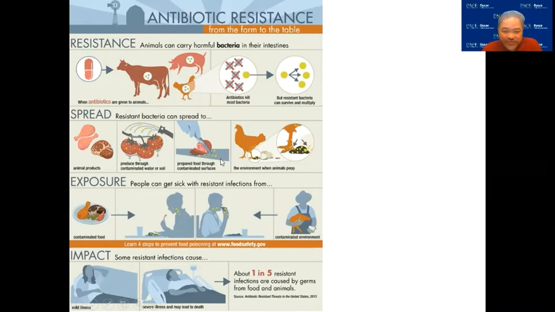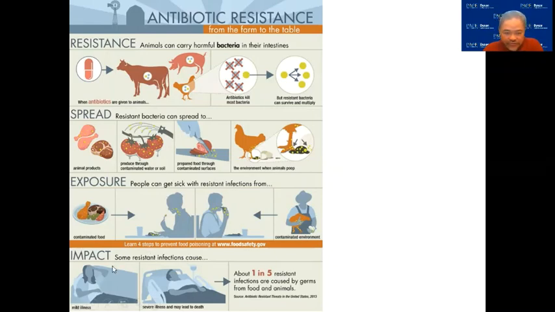And then you can also spread this resistant bacteria by prepared food through contaminated surfaces. Okay, so the environment when animals poop, and then after the spread, you will be exposed. So the contaminated food that you have, people can get sick with the resistant infection.